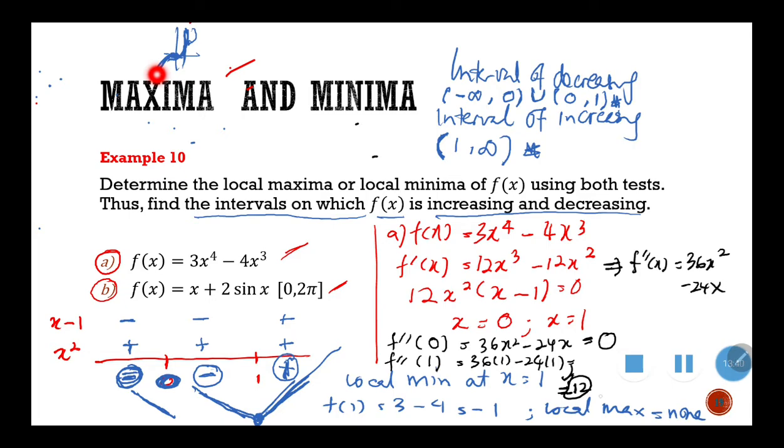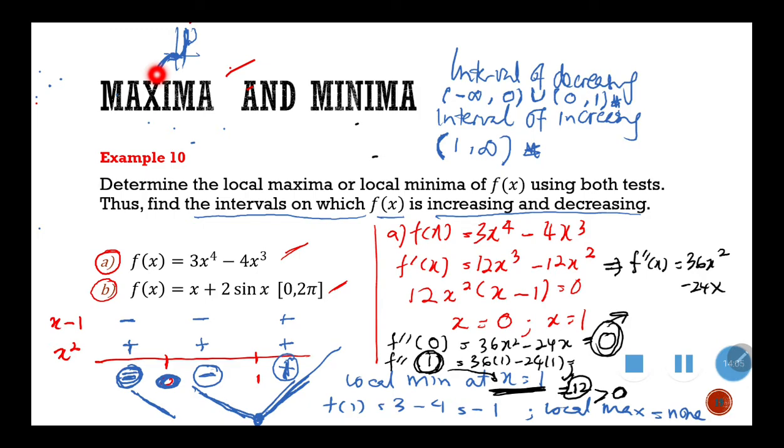This 12 is more than 0. So if it is more than 0, maksudnya f at x equals to 1 ni adalah local minimum. At x equals to 1 is local minimum, whereas 0 is not more than 0 or not less than 0 because dia 0.